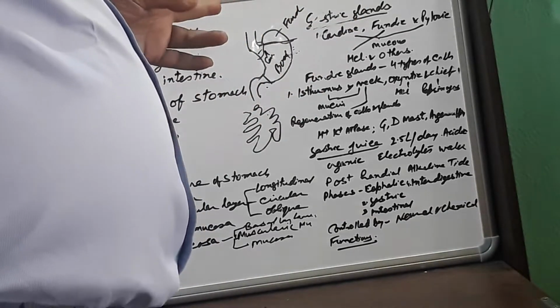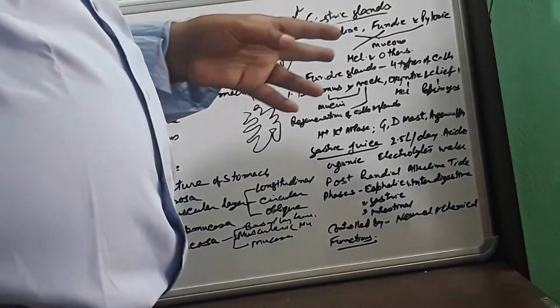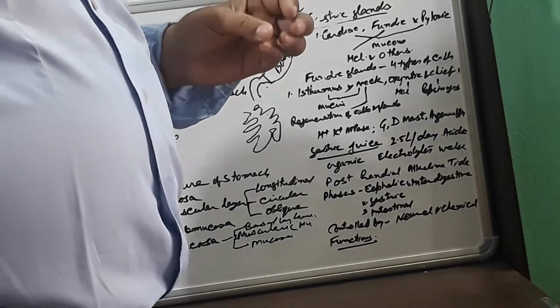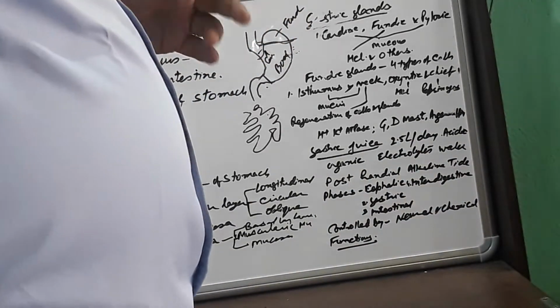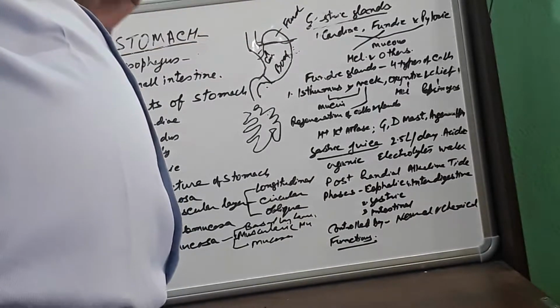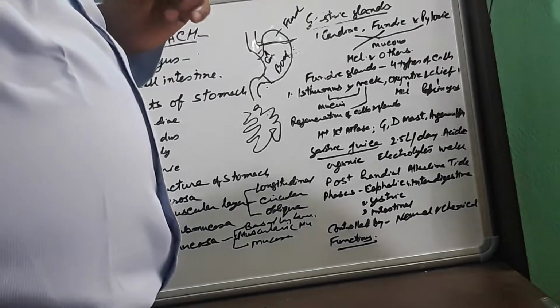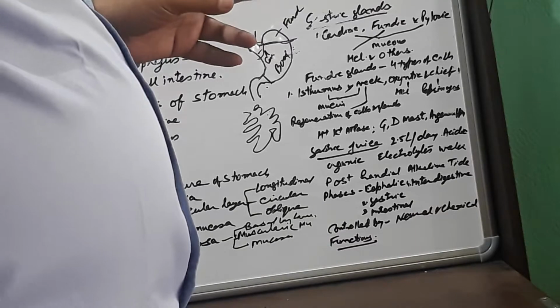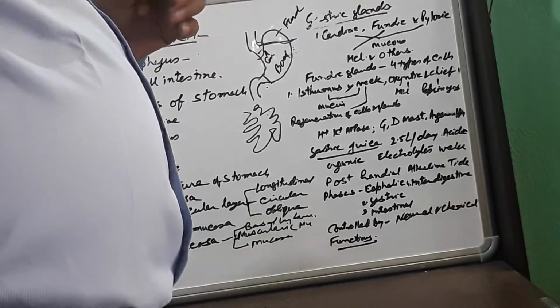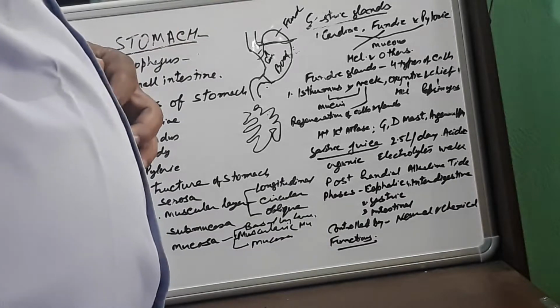There is mucin, and then electrolytes: sodium, potassium and hydrogen are present here, and these will form hydrochloric acid.